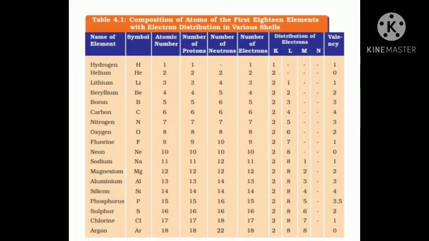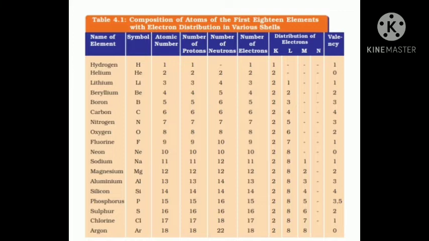So the number of protons and electrons are 18. Number of neutrons 22. The distribution of electrons 2, 8, 8. The outermost shell, the valence shell, contains 8 electrons, that is valence electrons. 8 minus 8 is equal to 0.